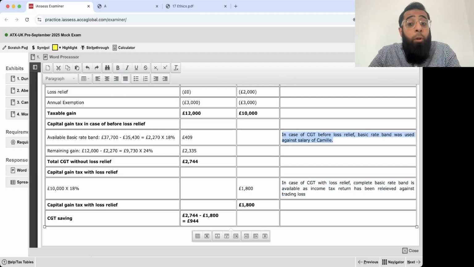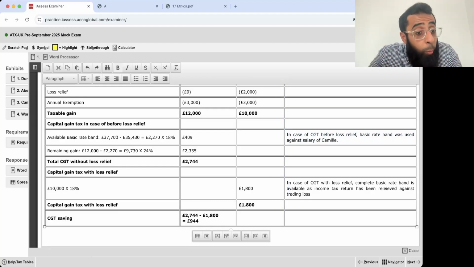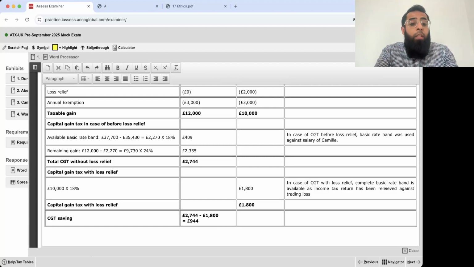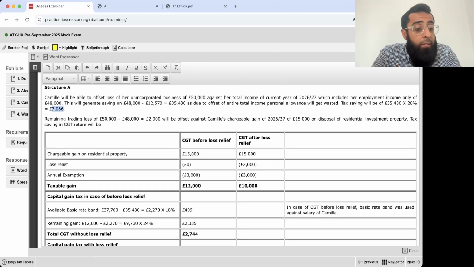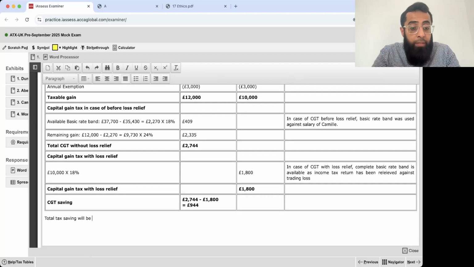See, it's very important that when you are solving the question, you do it wisely, you are alert. Okay, so total tax saving will be, in income tax you saved 7086, plus 944. So that is 8030 pounds.